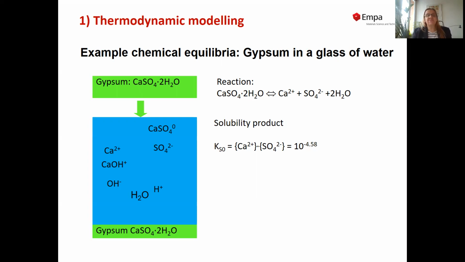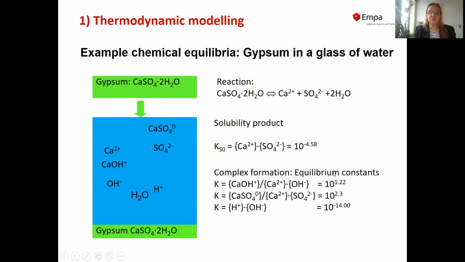If we start with full thermodynamic modeling, then we basically solve a large amount of equations. I might want to illustrate it here on gypsum, which I have put into a beaker of water. If I do that, then a part of the gypsum starts to dissolve until equilibrium with the solution is reached, which we can describe by the so-called solubility product.